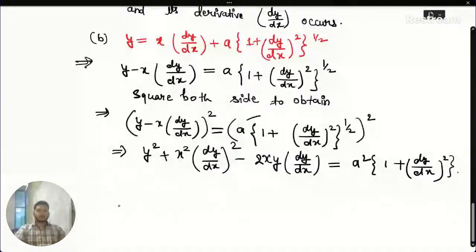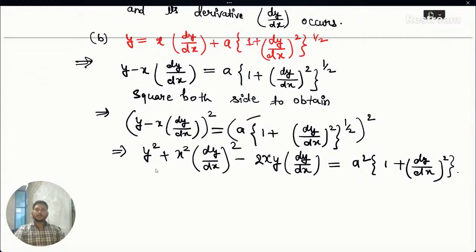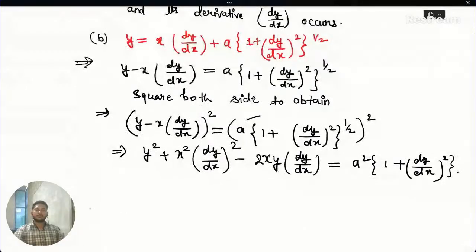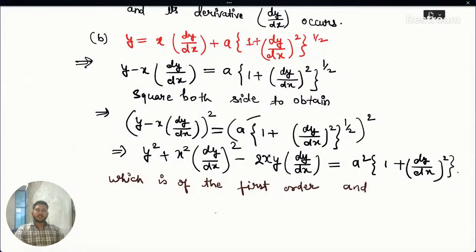Write it like this: you have a first order and second degree equation.